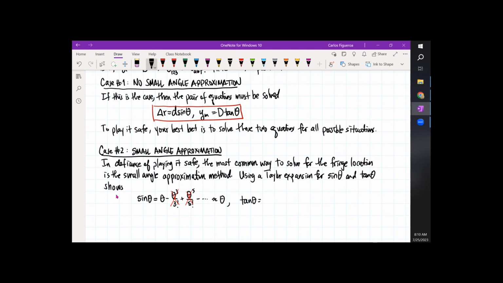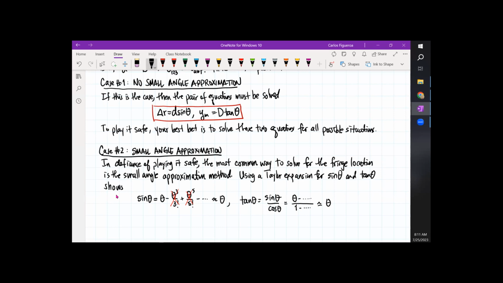If I do a Taylor expansion of this, we just saw that the numerator is theta, but cosine is actually 1 plus these other terms. So then I can approximate this to theta as well.